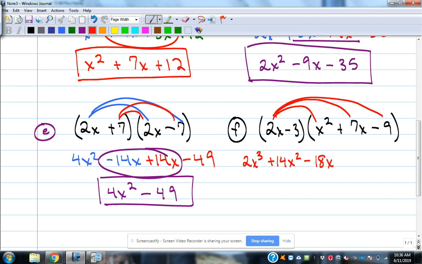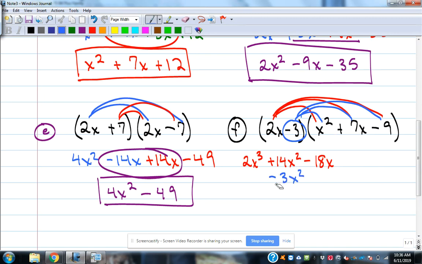And this is not how you have to do this, but I think it's a good way of organizing your work when you've got something larger like this that you're multiplying. Do the first distributive step, and then when I do this next distributive, I'm going to write it underneath it and line up my like terms vertically. Negative 3 times x squared is negative 3x squared.